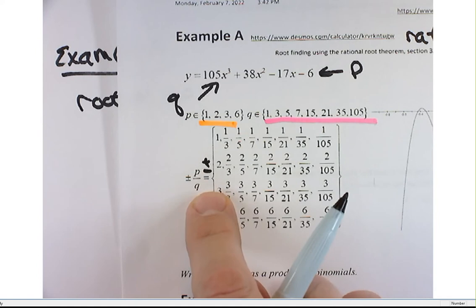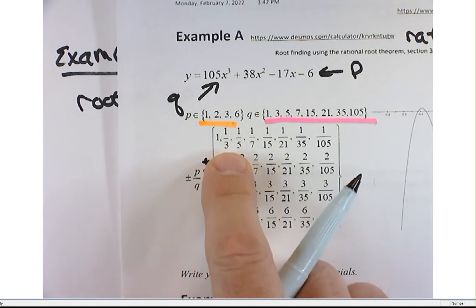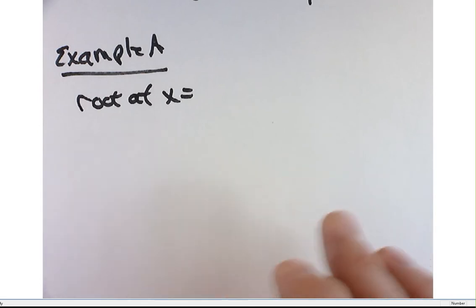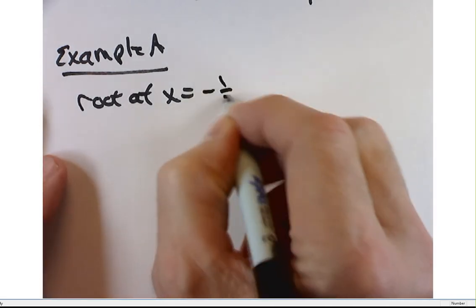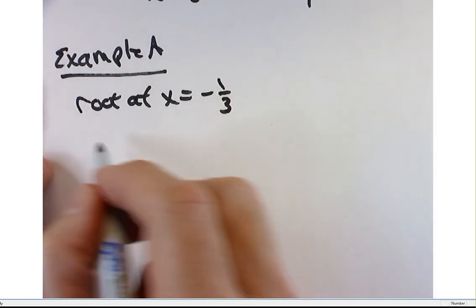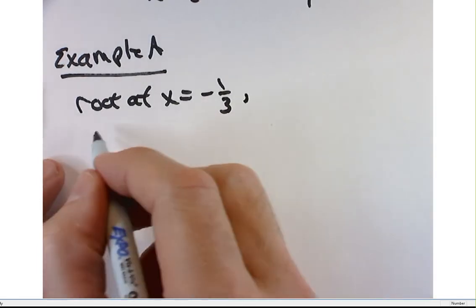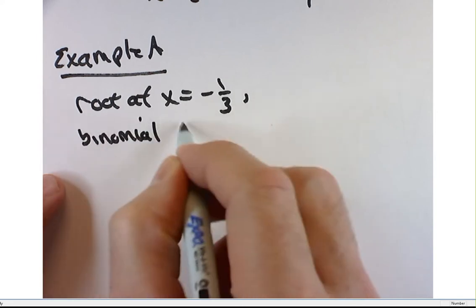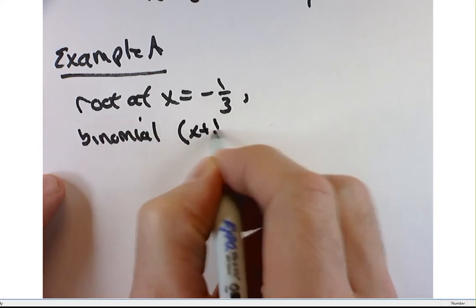Remember, it's plus or minus this, so yeah, negative 1/3 is a possible rational root. Okay. So if I've got a root at negative 1/3, let's see. What's the corresponding binomial? Well, binomial would be x plus 1/3.